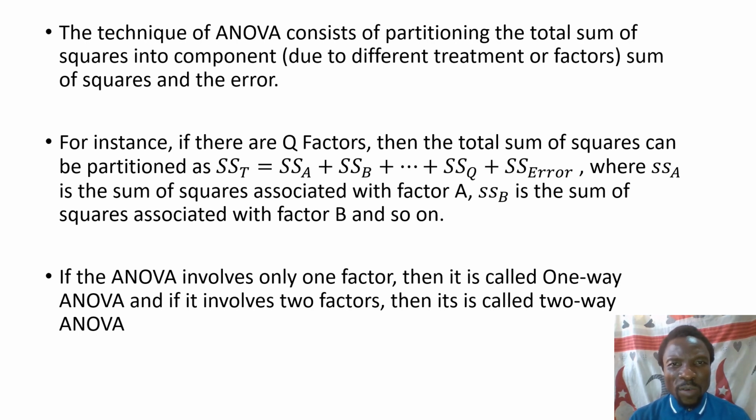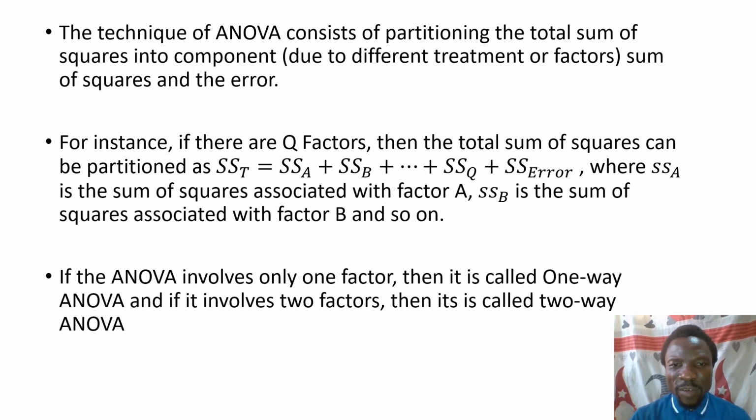The technique of ANOVA consists of partitioning the total sum of squares into components that could be due to the difference in treatment of factors, in addition to the sum of squares of the error. For instance, if there are Q factors, then the total sum of squares can be partitioned as SS total is equal to SS A, B to Q plus the SS error, where SSA is the sum of squares associated with factor A, SSB is the sum of squares associated with factor B, and so on.